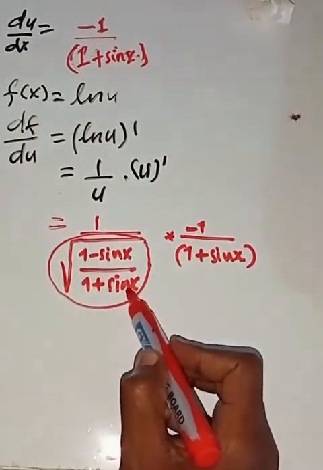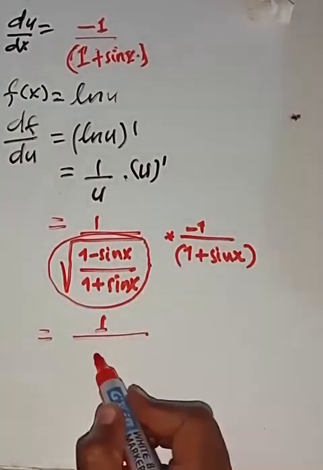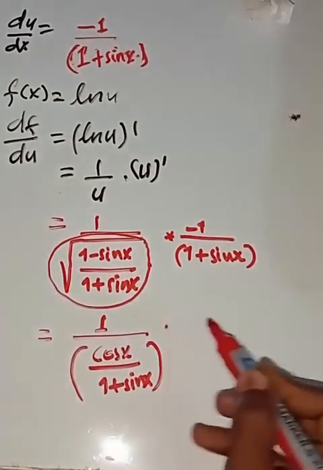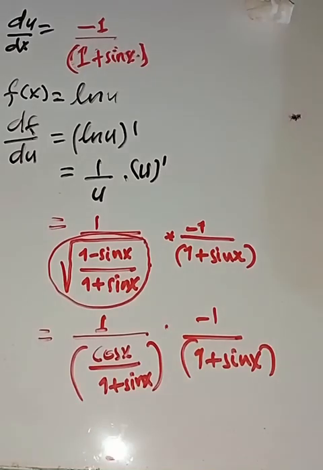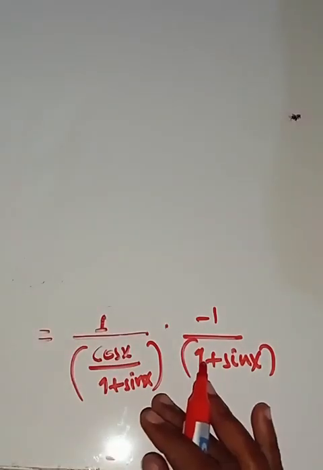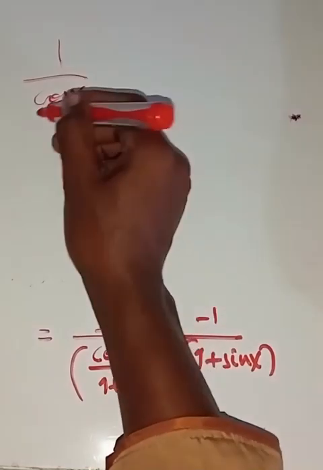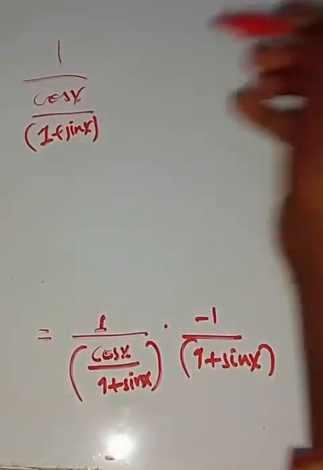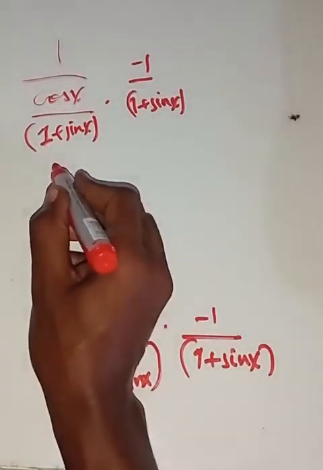If we simplify the radical of (1 minus sine of x) over (1 plus sine of x), as we calculated previously, it is simplified to the form cos of x over 1 plus sine of x. This one is times negative 1 over 1 plus sine of x. So again, we can simplify this as 1 over (cos of x over 1 plus sine of x) times negative 1 over 1 plus sine of x.